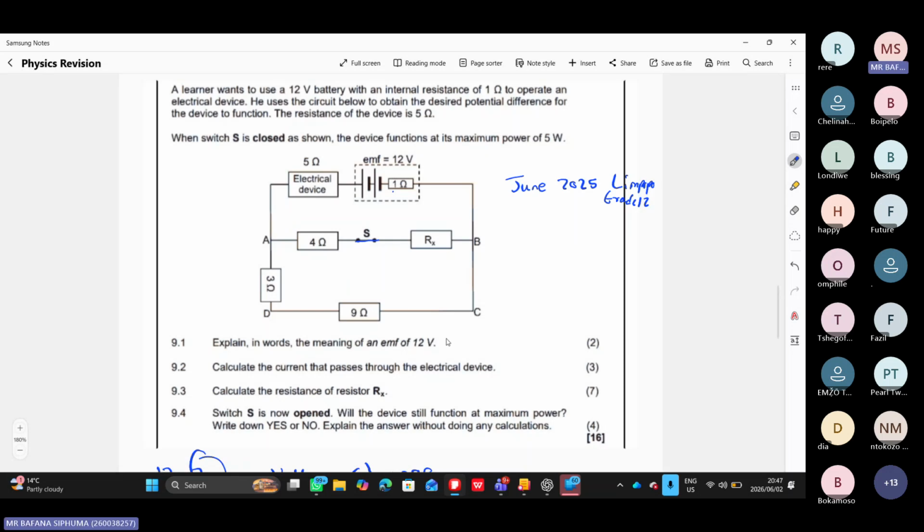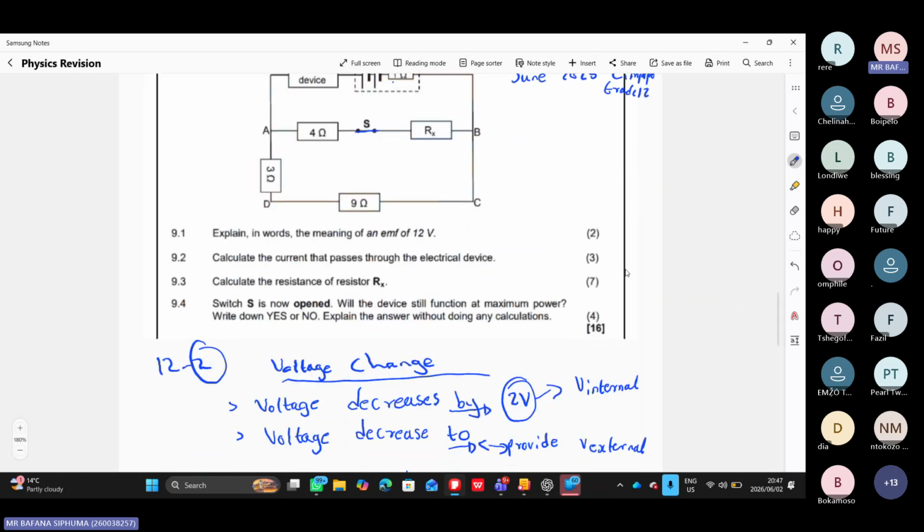You can just say 12V is provided by the battery per unit charge. Whatever way you put it, as long as you have the definition of EMF and the 12V in your statement, you are sorted. You'll be fine.